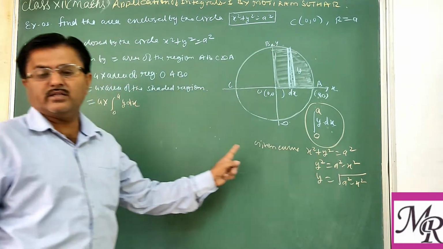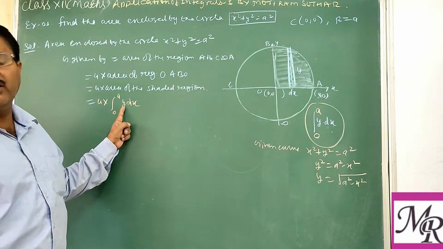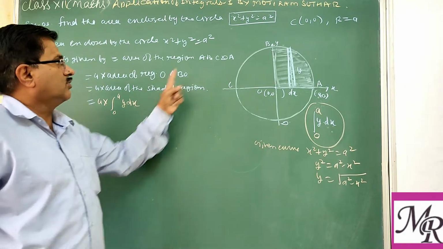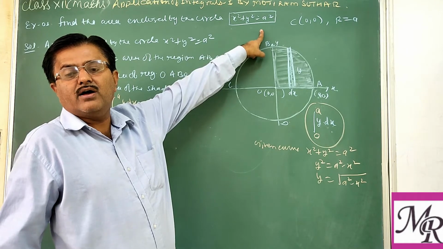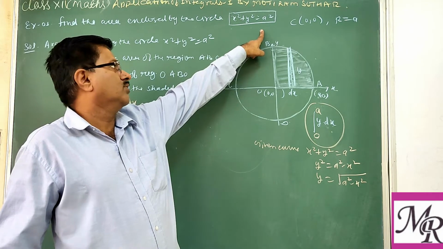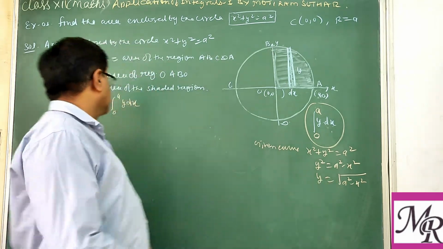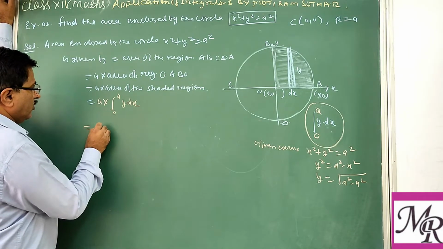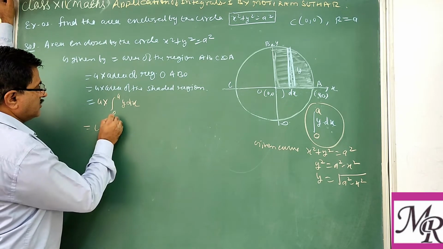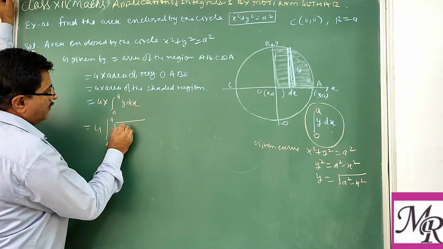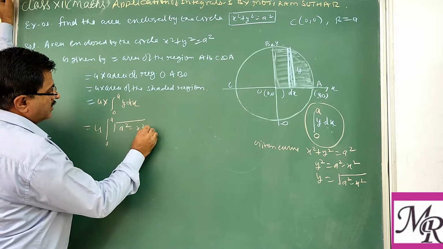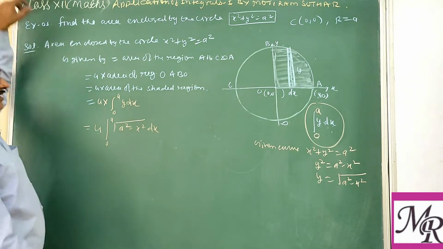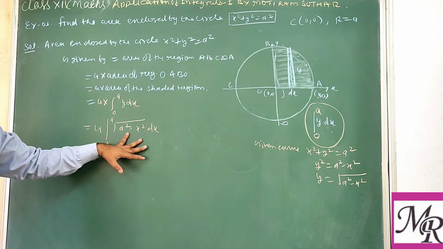We always write the value of y. Y is given in y dx, so what is y? We have to find it from the given curve. So put the value of y. So 4 into integral of 0 to a root of a square minus x square dx. Now this is the standard integral.